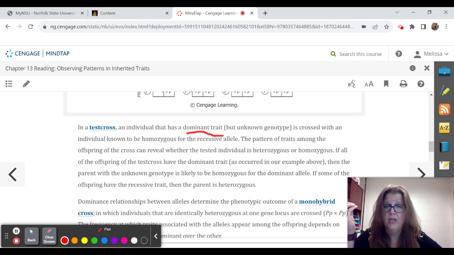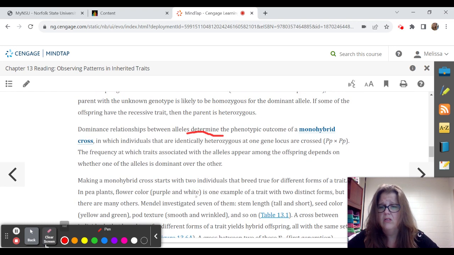If you cross somebody with a dominant trait with somebody who has the recessive trait, because the recessive has to have 2 copies of that allele, we know that. Because in order for the recessive phenotype to show up, you have to have 2 copies of that allele. So it makes it easier to figure out what the genotype of the dominant trait is, or what the parent is for that dominant trait.